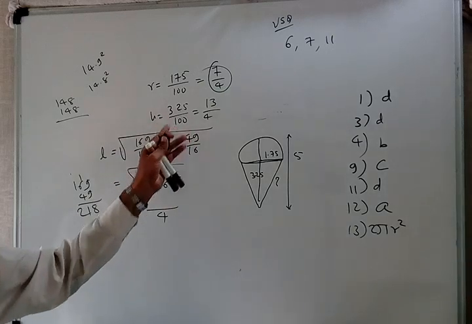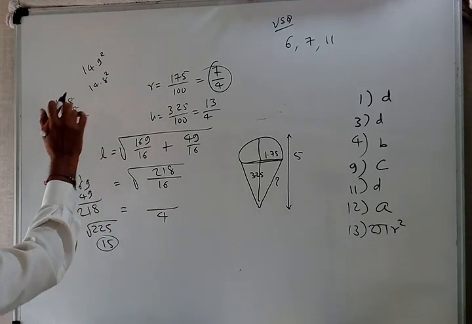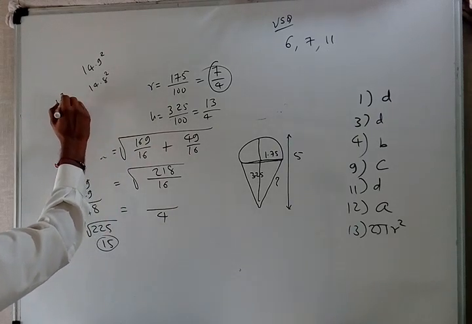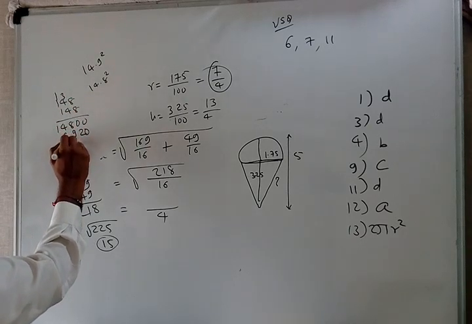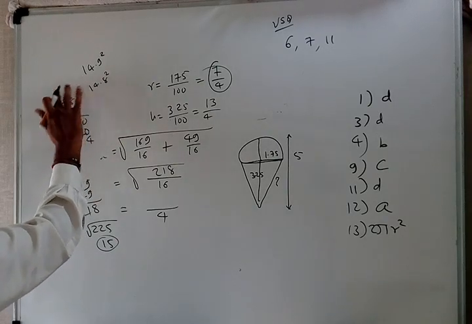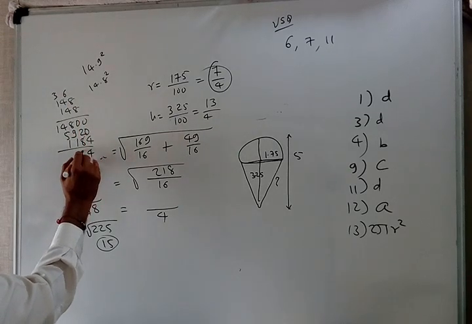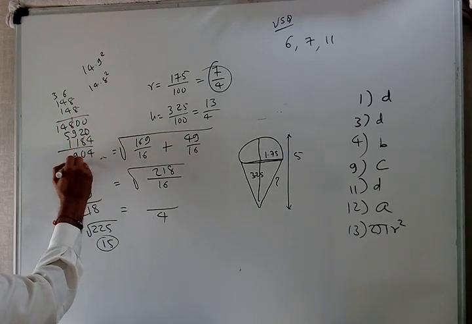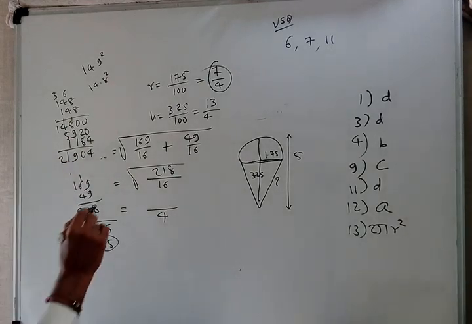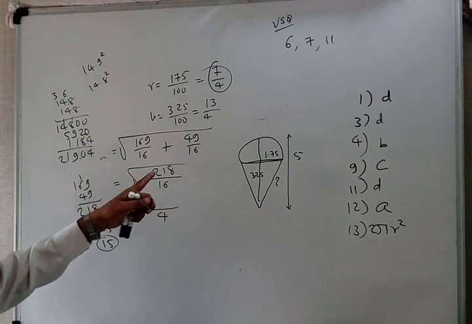Look at how much it is, because it is not a perfect square. Sometimes they give us the root of this number directly, but now it is not given, so we have to find it that way. 14.8 into 14.8 is actually 219.04, so it becomes 219, very close to this.